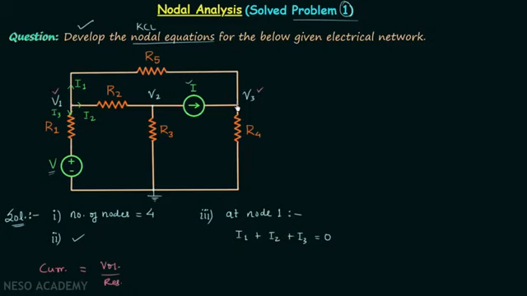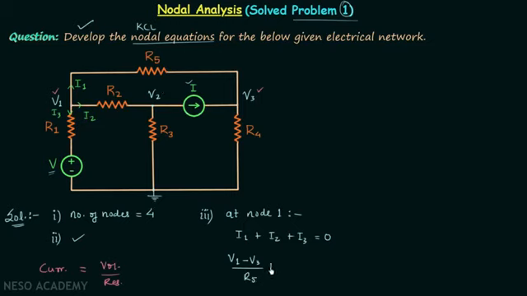We are taking the potential difference as V1 minus V3 and not V3 minus V1, because while writing the KCL equation for this node, we will consider the voltage of this node to be the largest. Therefore, current I1 is equal to V1 minus V3 divided by the resistance R5.